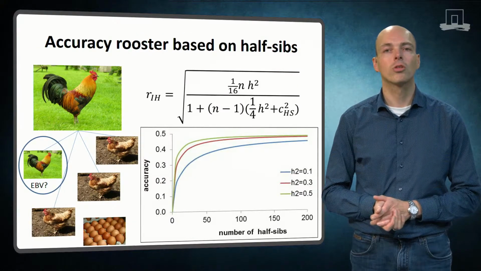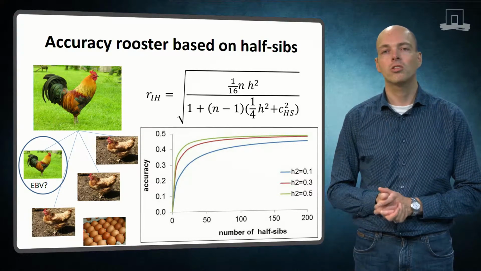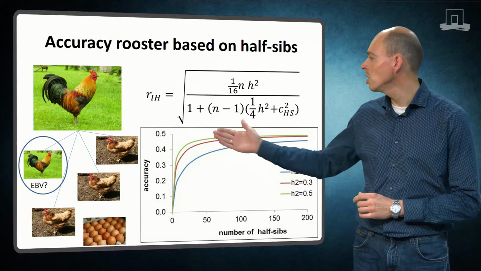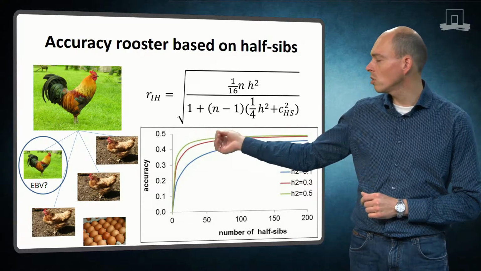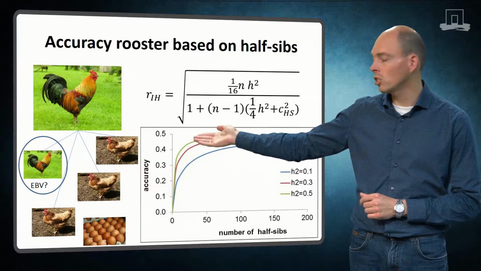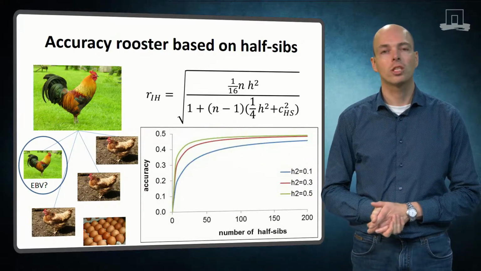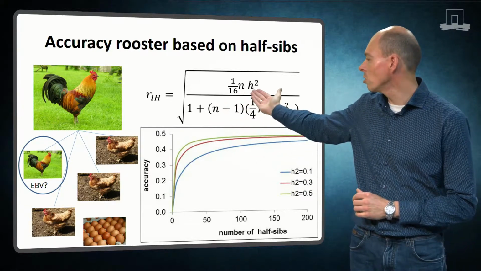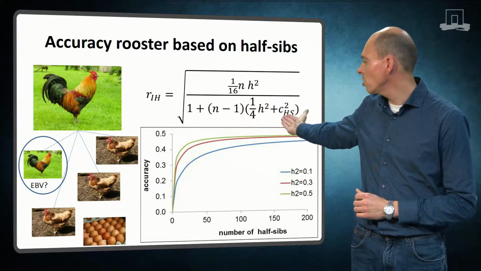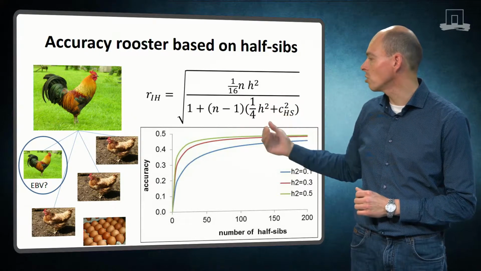Let's have a closer look at two examples. The first example is the case that we want to calculate the accuracy of a rooster based on his paternal half-sisters or half-sibs. The equation contains three variables: the number of half-sibs, the heritability, and the ratio of the common environmental variance to the phenotypic variance.